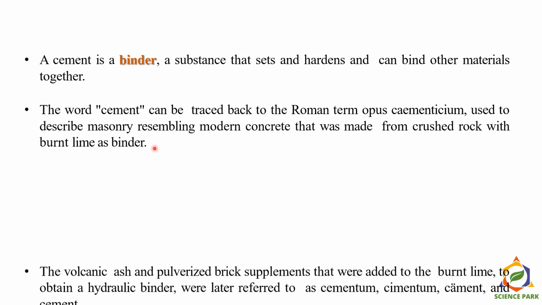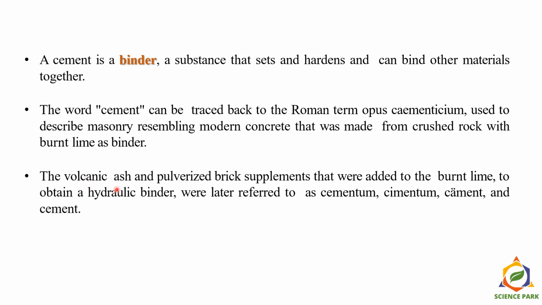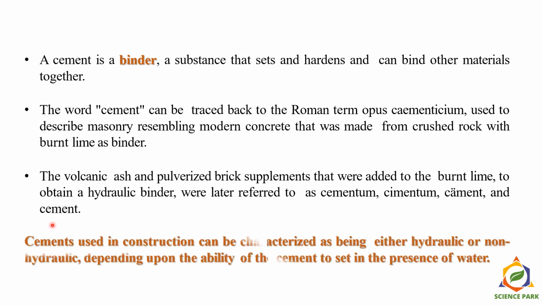See how people discovered certain materials. The volcanic ash and pulverized brick supplements that were added to the burnt lime to obtain hydraulic binder were later referred to as cementum, then cementum, then cement, and then finally we see it as cement, right?